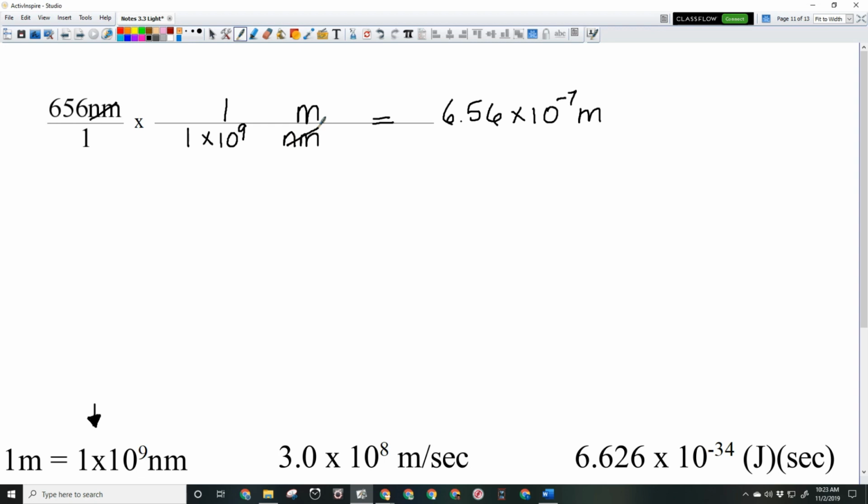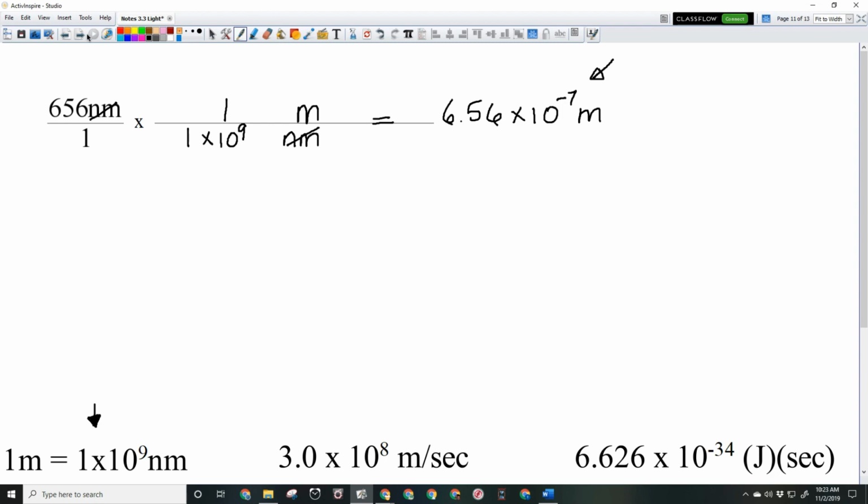Because nanometers cancels out. We forced that cancellation. In these calculations, most of our answers are going to be in scientific notation because we're dealing with very, very short wavelengths, since we're dealing with light. We actually can't see the actual wave because it's so small we can't detect it with our eye. We just detect the color. So lots of scientific notation in this section.